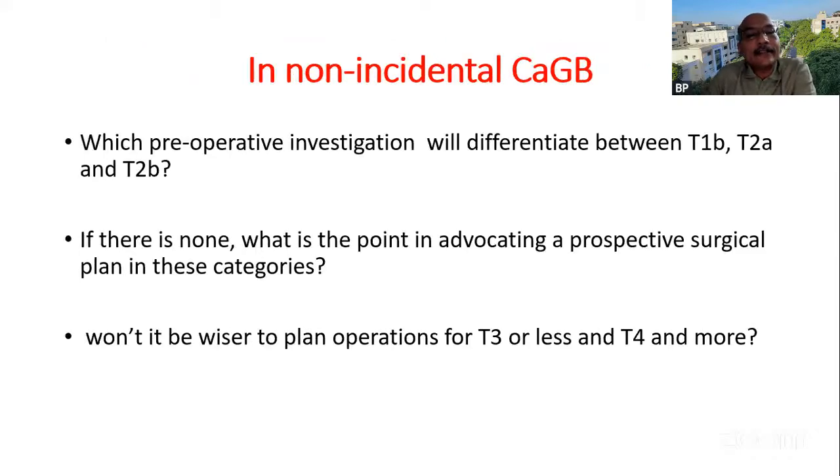In non-incidental carcinoma gallbladder, the problem, as I told, is the assessment of the thickness of the gallbladder, and with all its intricacies, the T1a, T1b, T2a and T2b, it is very difficult to assess prospectively by seeing the CT. Unfortunately, our aggressive surgical strategies are based upon these suboptimal investigations, and we may have to plan otherwise.